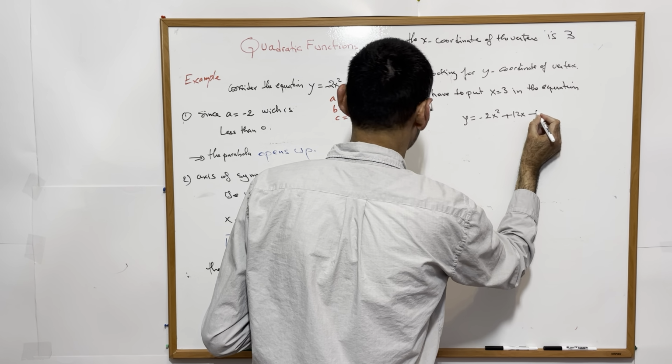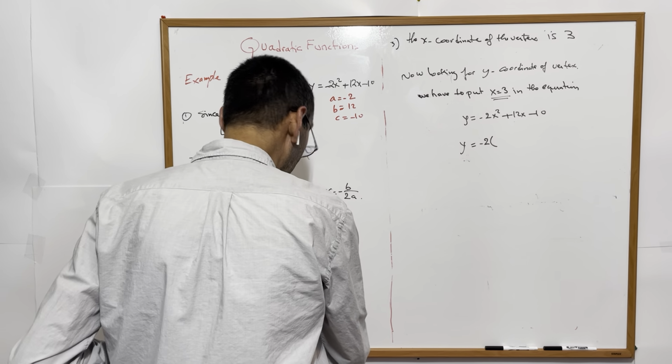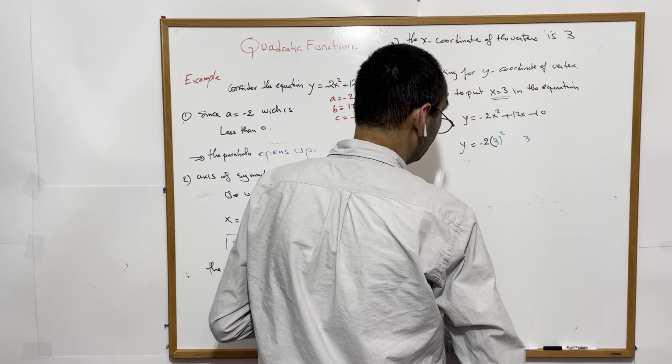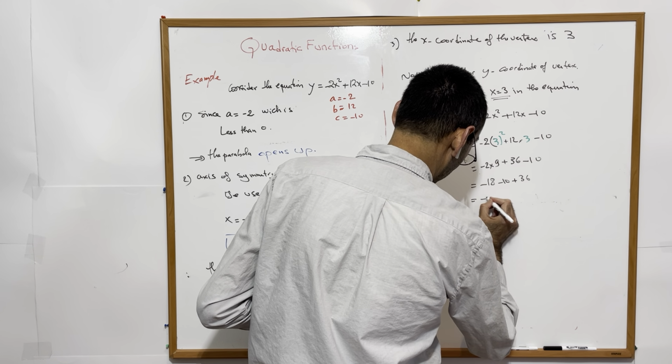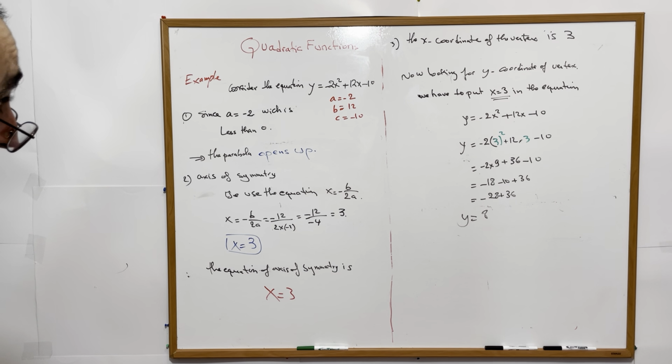With x equal 3, it is minus 2 multiplied by 3 squared, which is 9, plus 12 multiplied by 3, which is 36, minus 10. That equals minus 18 plus 36 minus 10, which is minus 28 plus 36... equals 8. So y equals 8. We found the y coordinate of the vertex.